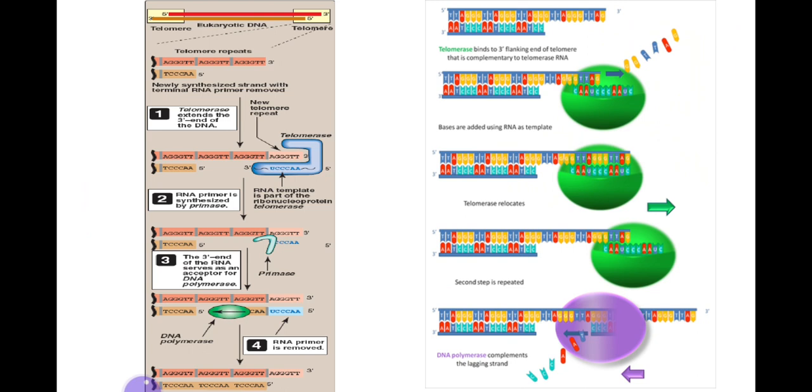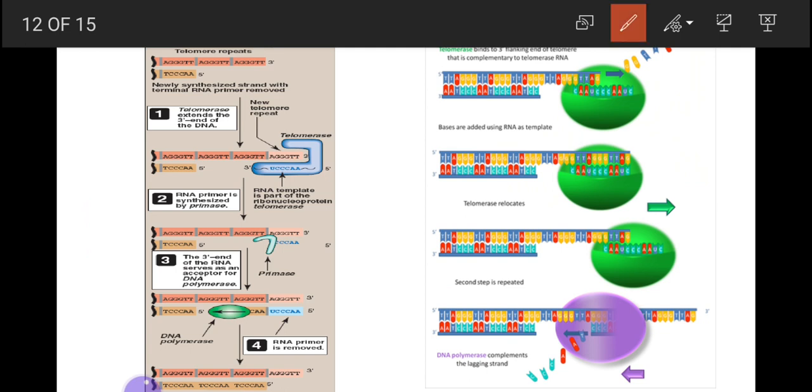This end will be further elongated by telomerase, and then after telomerase works, the primase will extend the second strand. So the first step is that telomerase extends the 3' end of the DNA, and here you are seeing that it is using the RNA template for the strand synthesis.